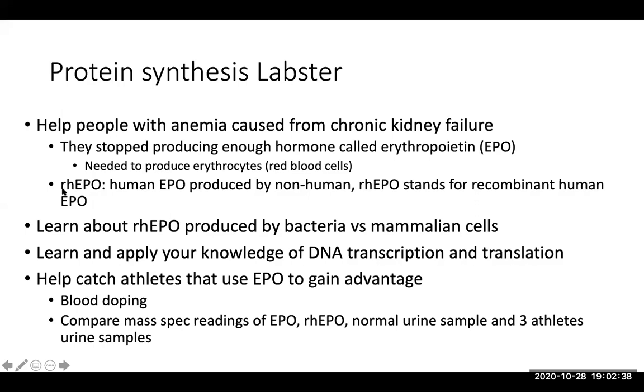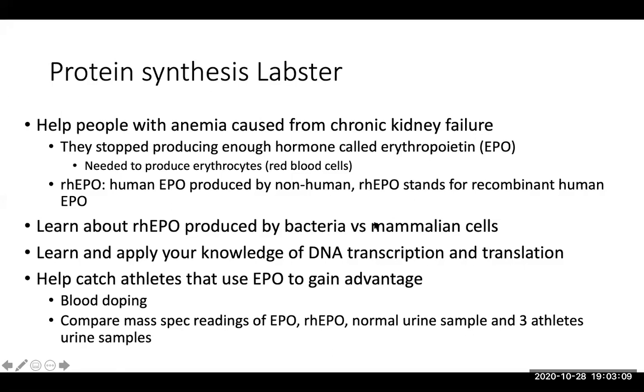And so you're going to compare RH-EPO, which stands for recombinant human erythropoietin, and you're going to have it produced in bacteria and compare the product to mammalian cells, and specifically that'll be Chinese hamster ovary cells, and that's abbreviated CHO.